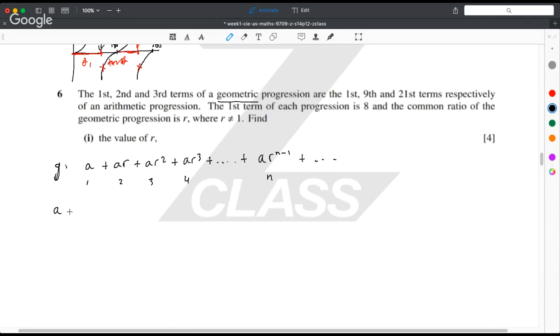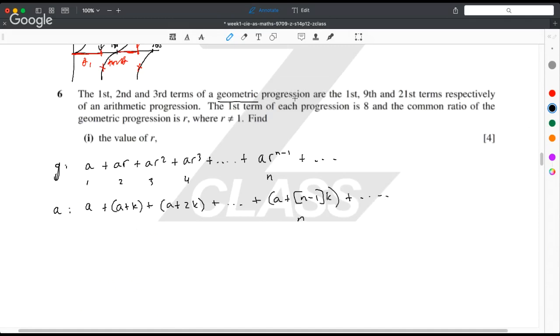And an arithmetic progression looks like this: a, plus a plus k, plus a plus 2k, and so on. And you notice the pattern is that the nth term is a plus (n minus 1)k. That's the nth term.